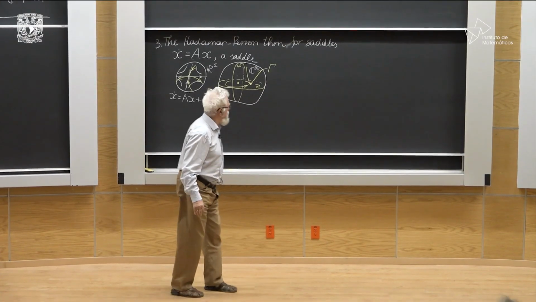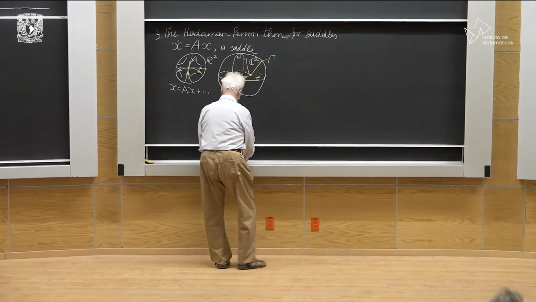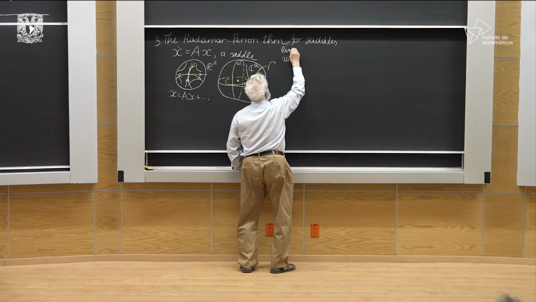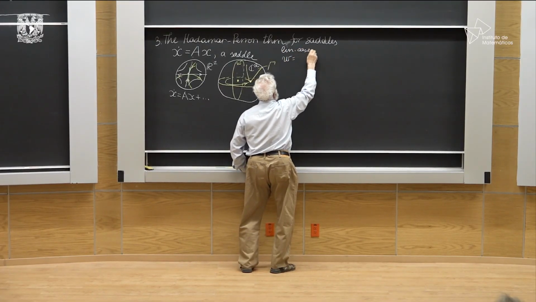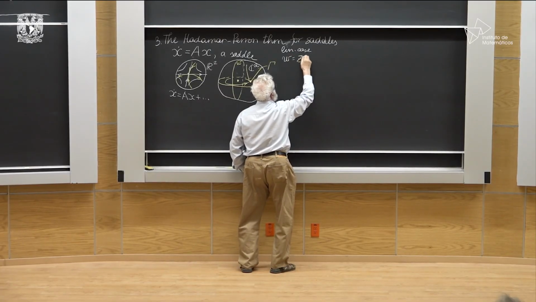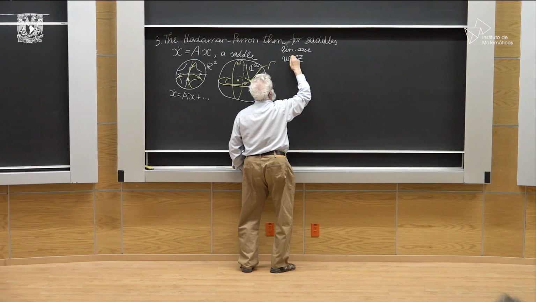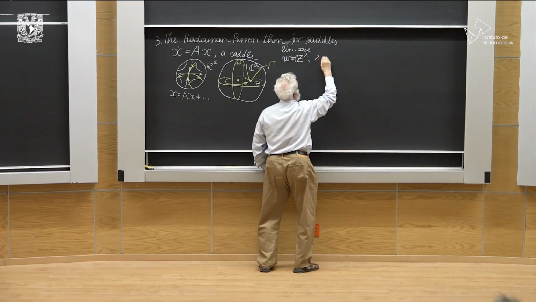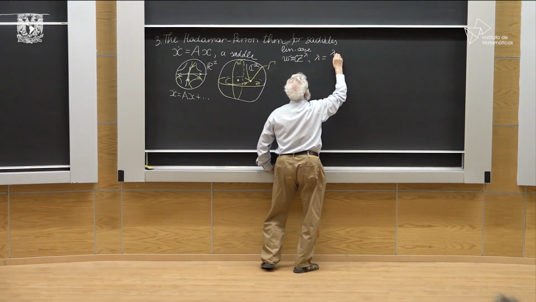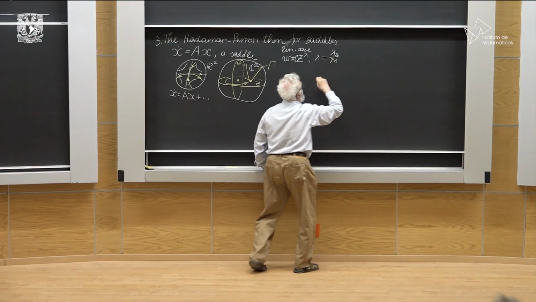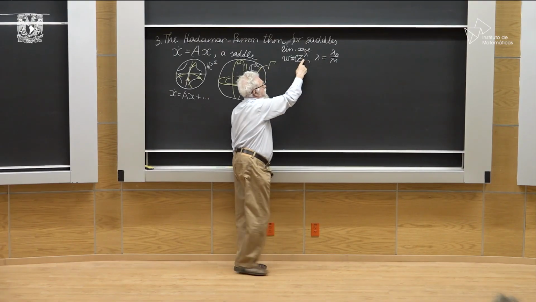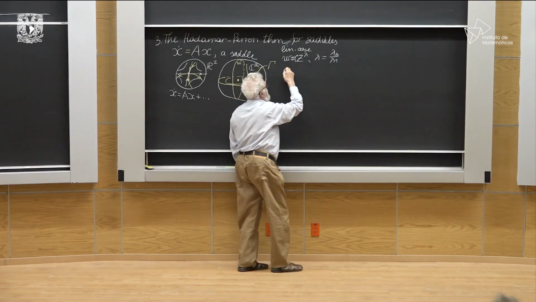Then W is expressed as C multiplied by Z to the power lambda, where lambda is lambda 2 over lambda 1. And when you make a circuit around 0, then the function W is multiplied.